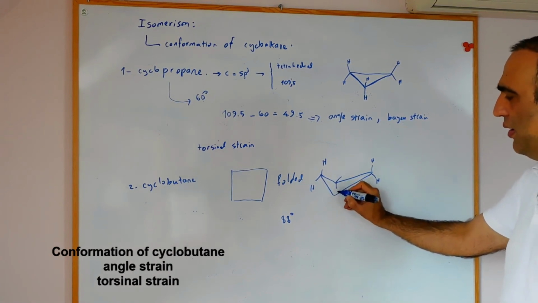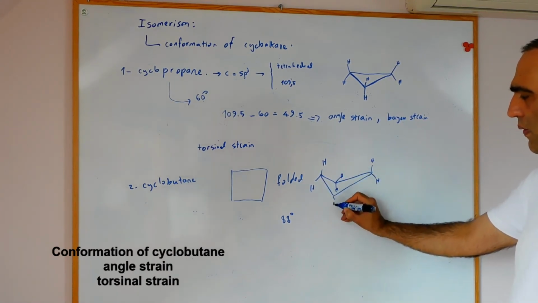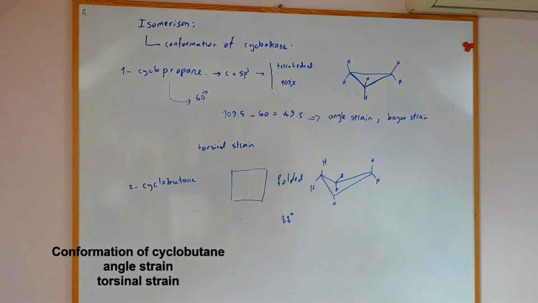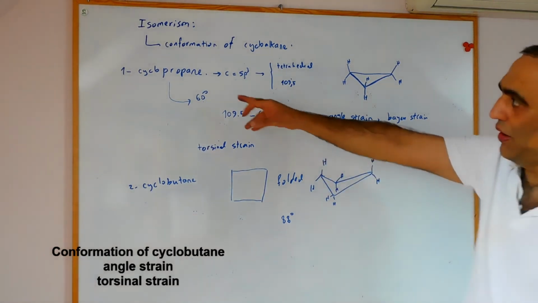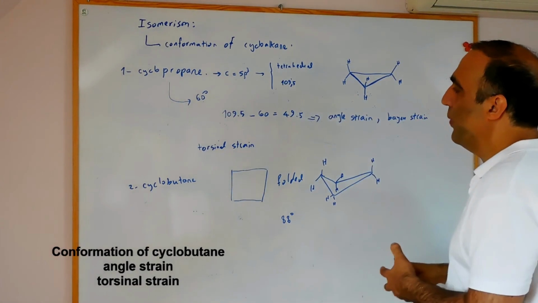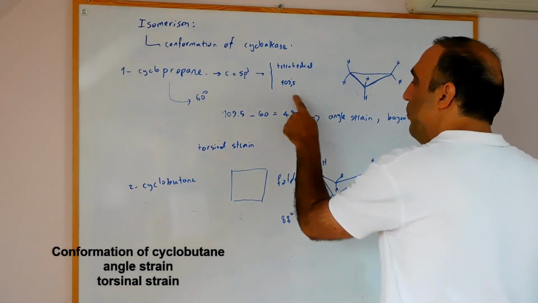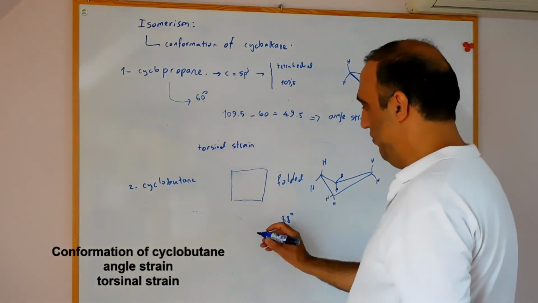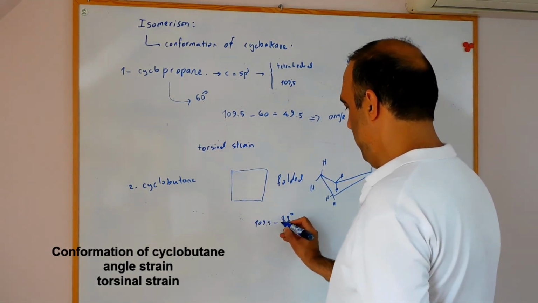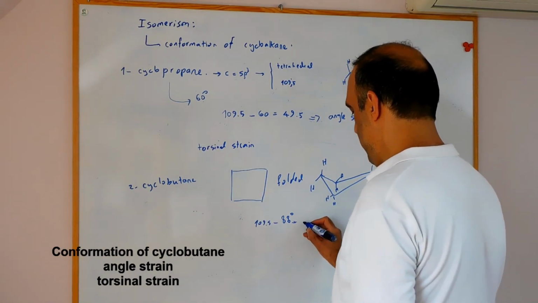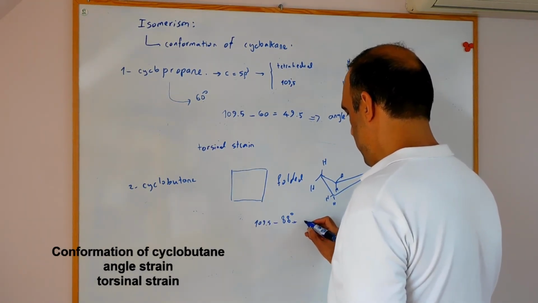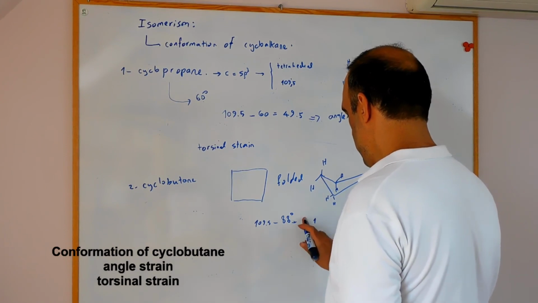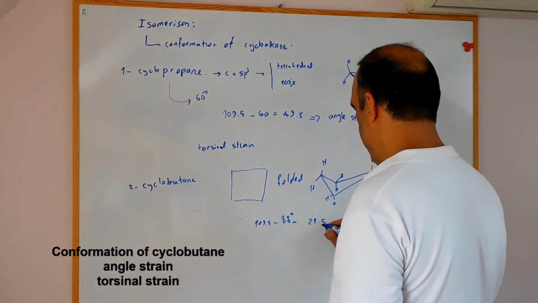In this situation, we can say this compound has higher stability compared to cyclopropane, because cyclopropane has 49.5 degrees smaller, but here we have 21.5.